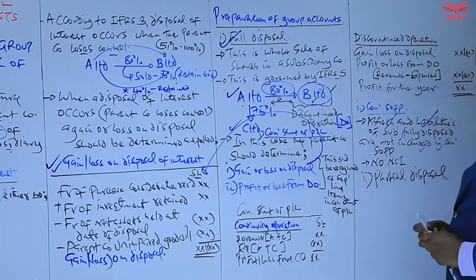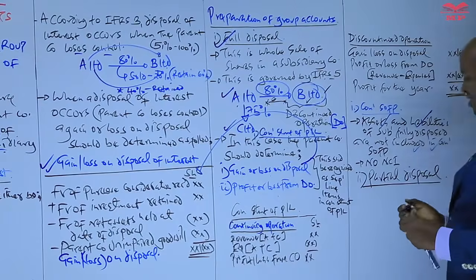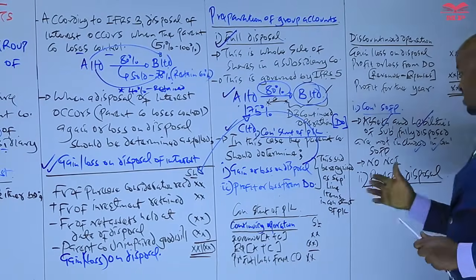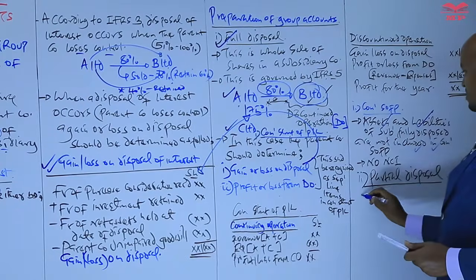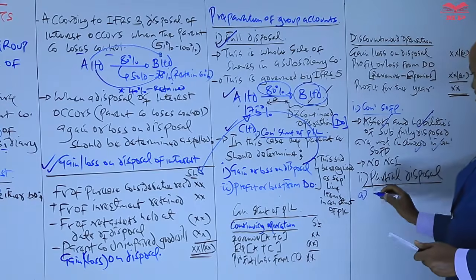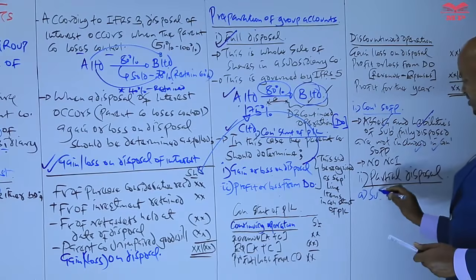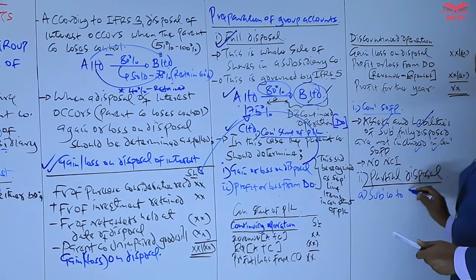Partial disposal. Now here we have different types of partial disposal. Actually, we can say we have different scenarios of partial disposal. Number A, we have what we refer to as a disposal of a company which was initially a subsidiary and which still remains a subsidiary.